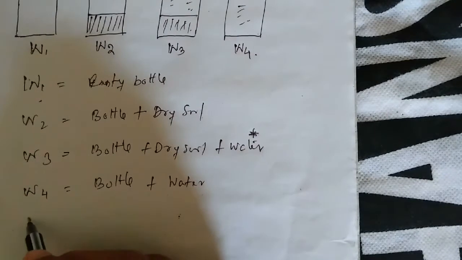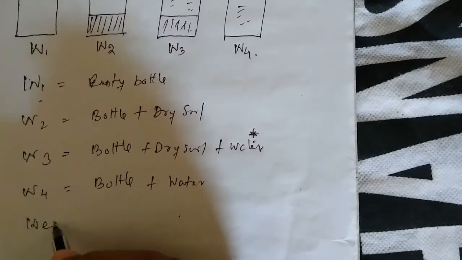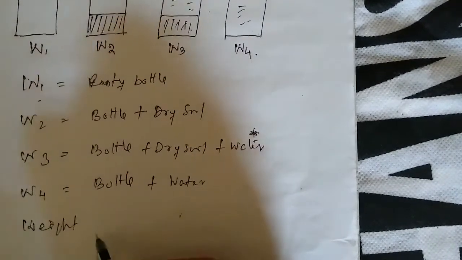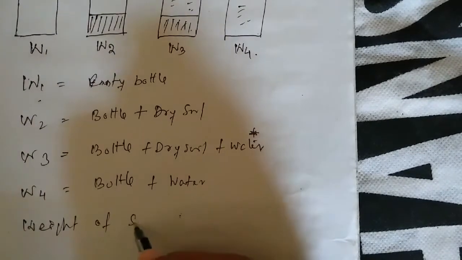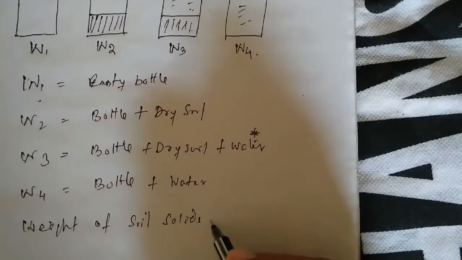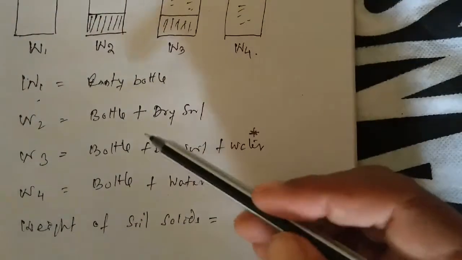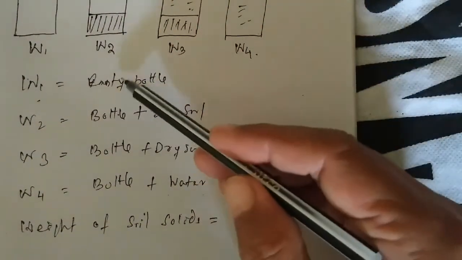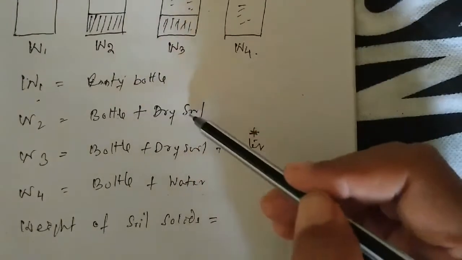Now, weight of soil solid only is equal to, see, W2 minus W1. This will cancel, only dry soil.